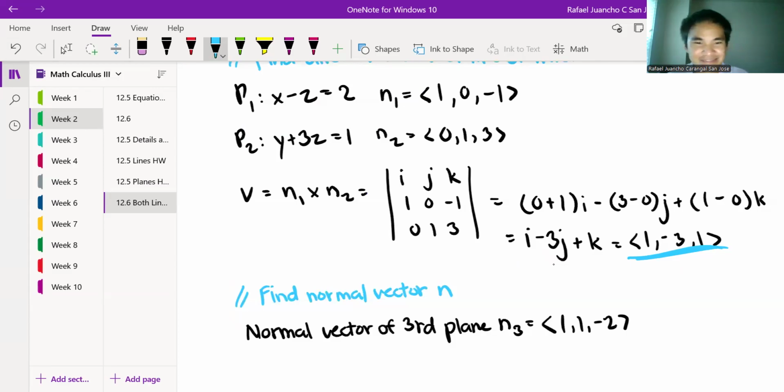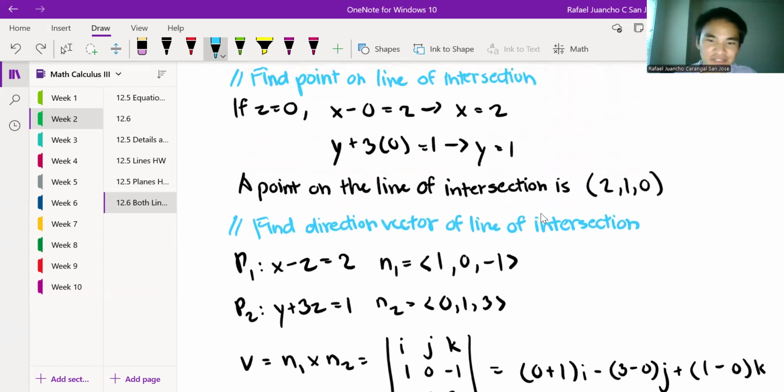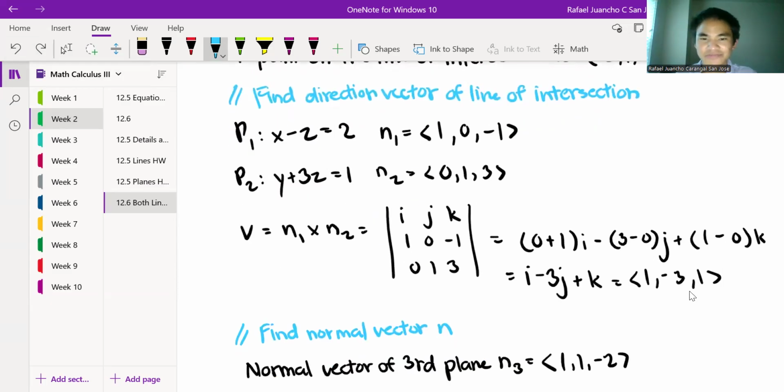Unbelievable. Could never have thought of this, but it's creative. Let's be honest, this one's really creative. So we want to get a vector that's perpendicular to the direction.